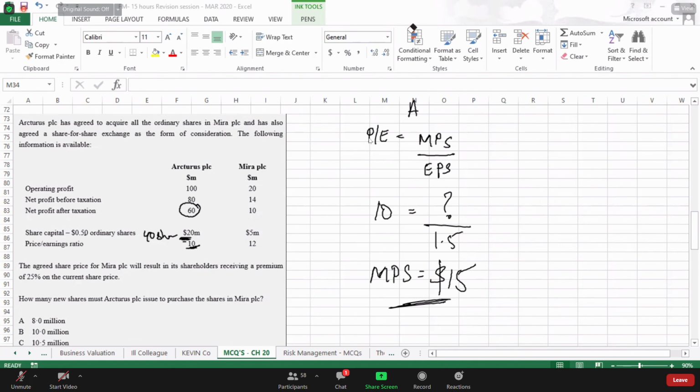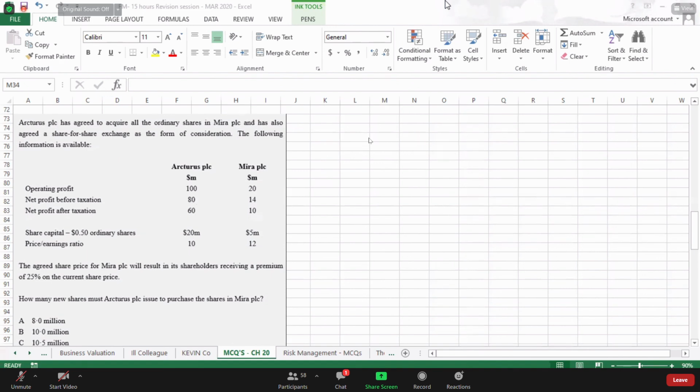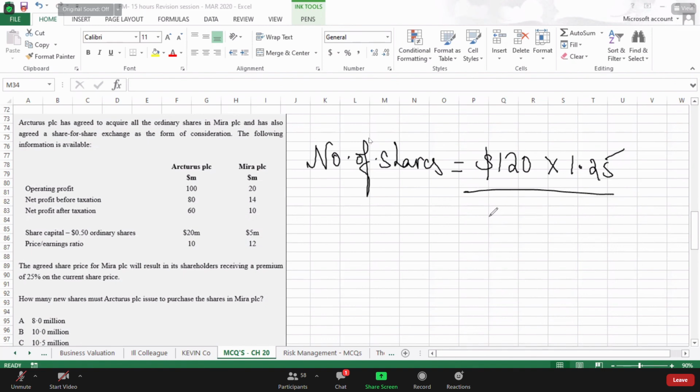Anybody with the answer? Very good, Edwin. Correct answer. What will be the number of shares? 25% increase divided by... Who can explain this? Solve this.